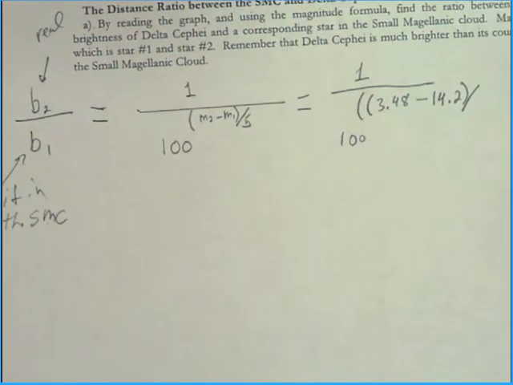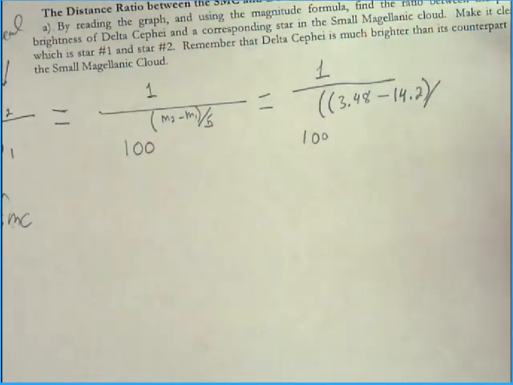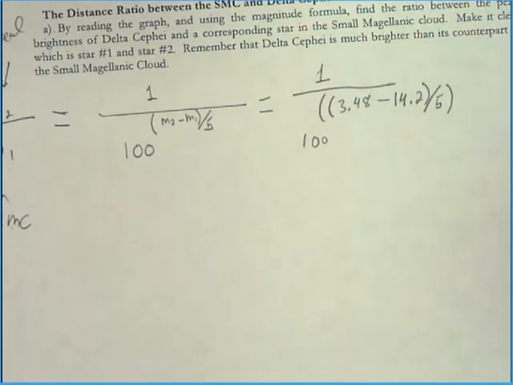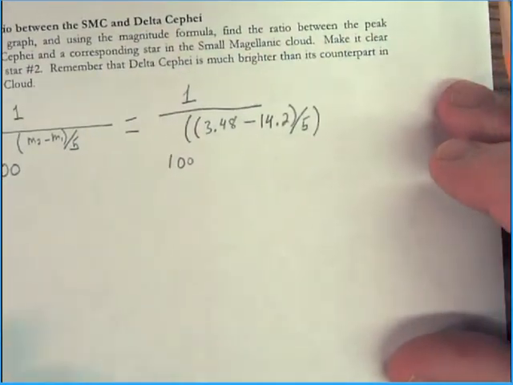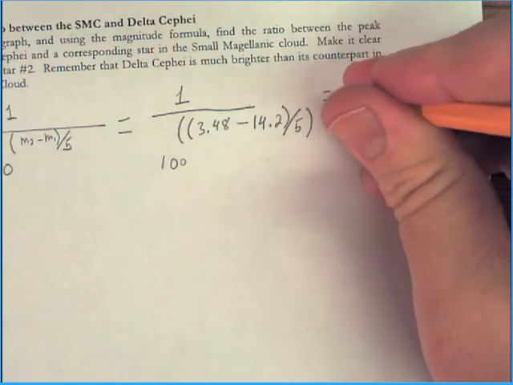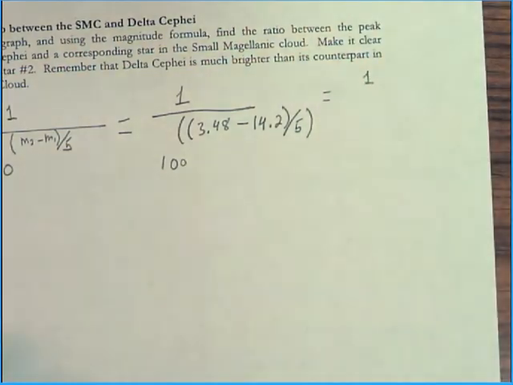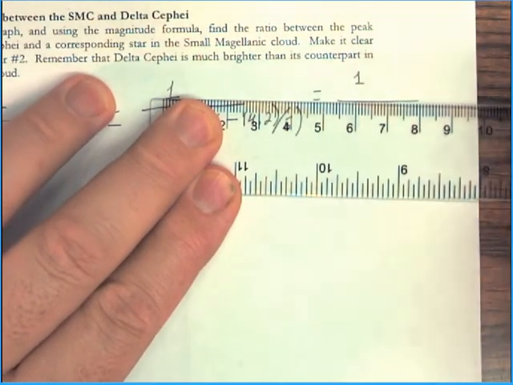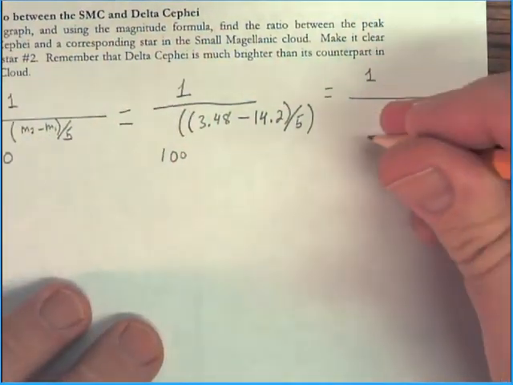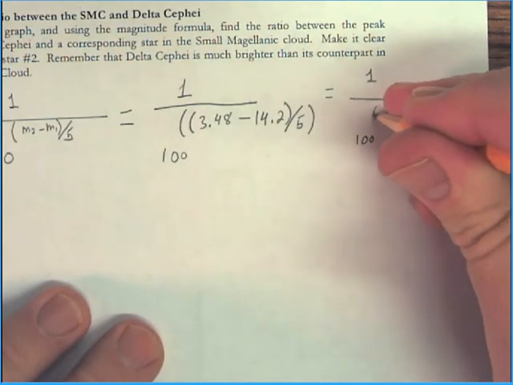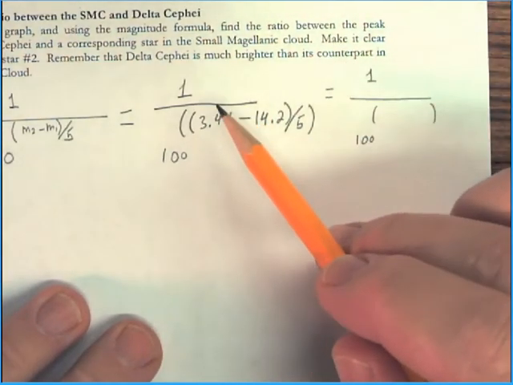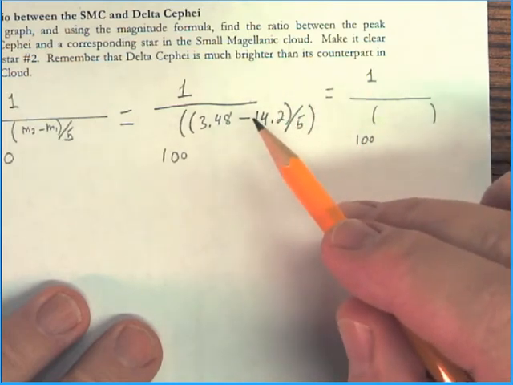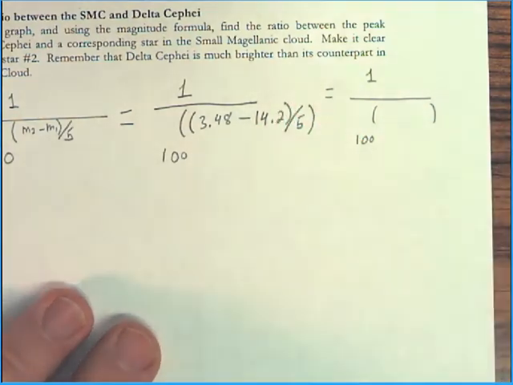And for every factor of 100, we have a difference in 5. So I'm going to divide that by 5. And then I'm going to say that equals, and I'll simplify it, 1 divided by 100 to the, and I'm going to subtract these two and divide by 5. Notice I'm going to get a negative number because that's smaller than that.